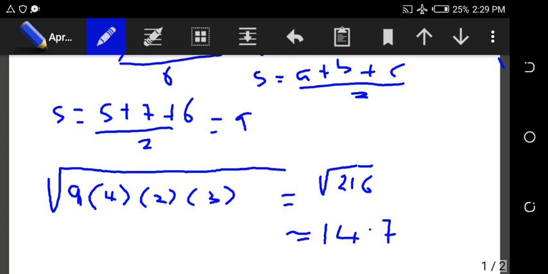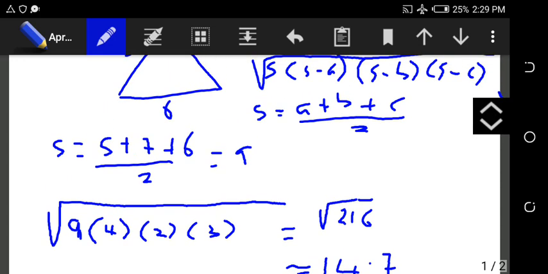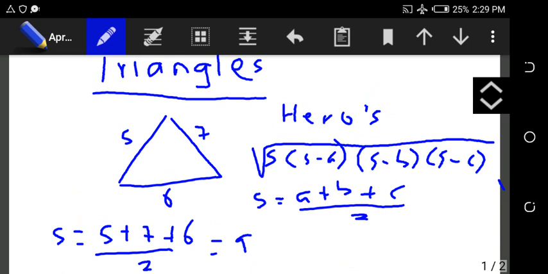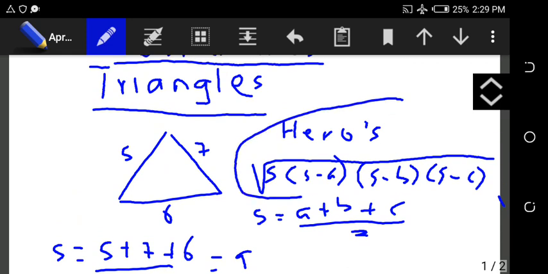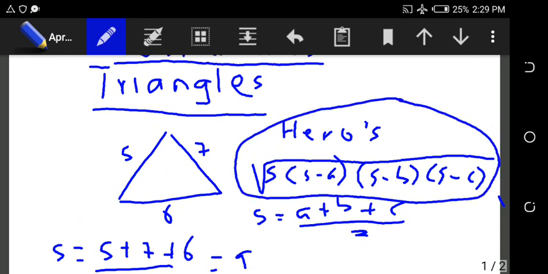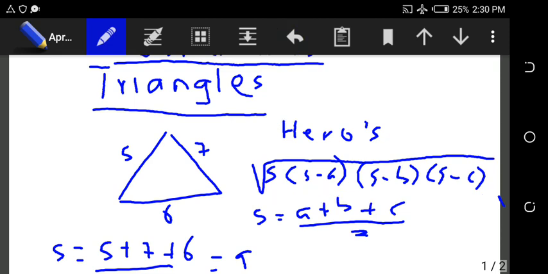So you see, this is how we solve for triangles that have the three sides given. We'll make use of the Hero's formula, which is right here. So you need to know this formula, and that the S can be evaluated by using this.